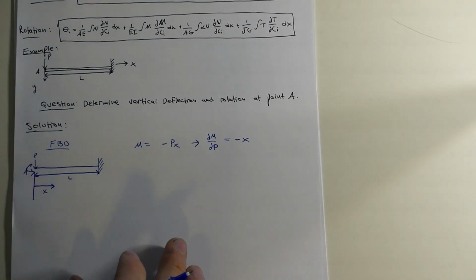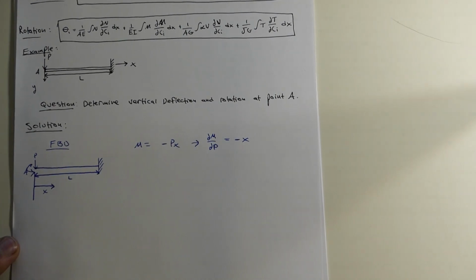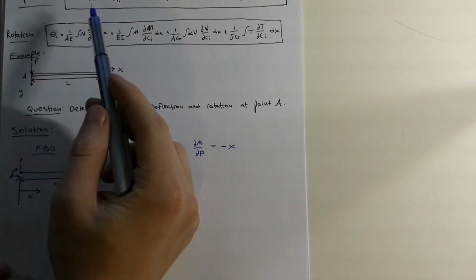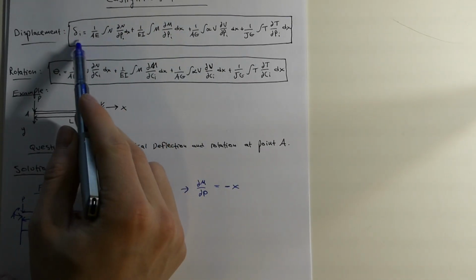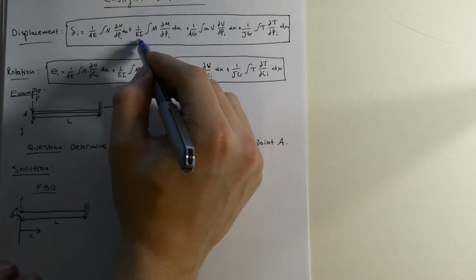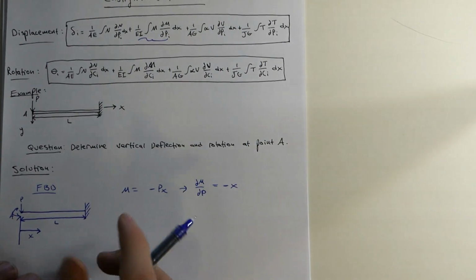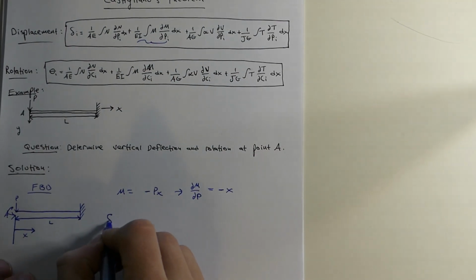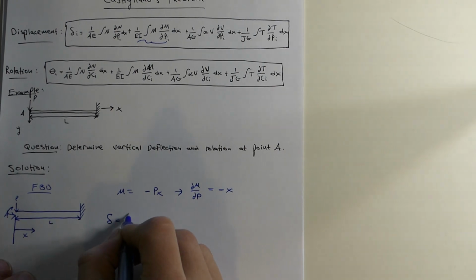And then we're going to first find the deflection. So we're going to use this equation here. We're only looking at deflection due to bending, so we're just going to use this. First we're going to plug it in there.